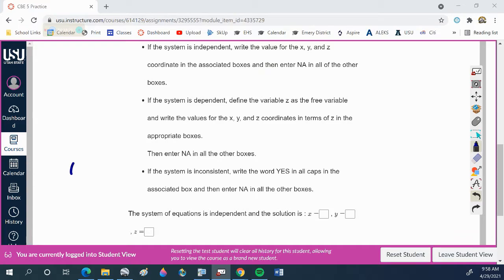If you have this, then you write yes in the box in the first one, and then NA in the others. You guys get that? So the confusing one is the middle one when you have infinite solutions.